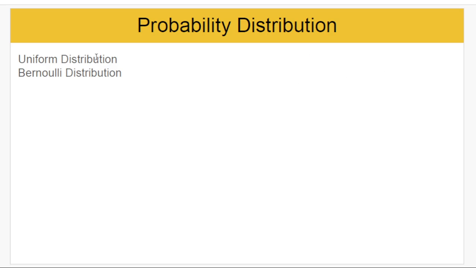We will see that, if you remember last time we said that PMF is probability mass function, correct? It is nothing but a probability distribution, but for a continuous variable it is PDF, probability density function.